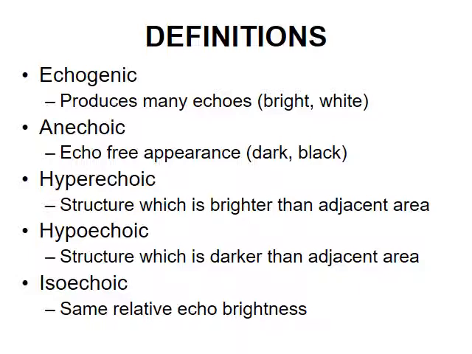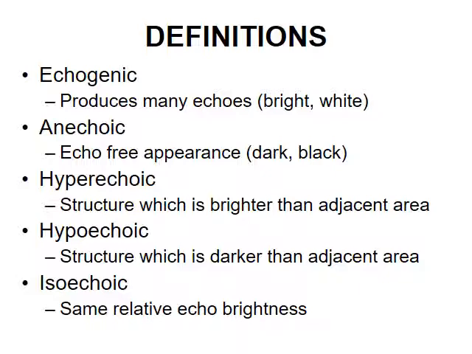An anechoic structure is dark or black on our image. These are the structures that are sending back weak echoes and therefore being denoted as black on our ultrasound images. So fluid-filled structures like the bladder that we've looked at and like the vessel that we were looking at are anechoic, they're black.